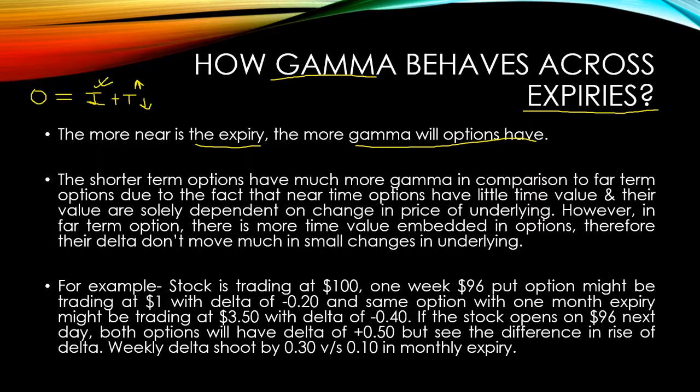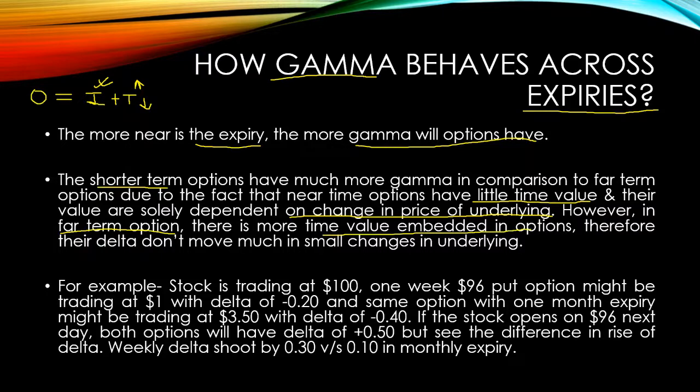So shorter-term options have much more gamma in comparison to far-term options because near-term options have little time value and their value is solely dependent on the change in the price of the underlying. However, in far-term options there is much more time value embedded in them.